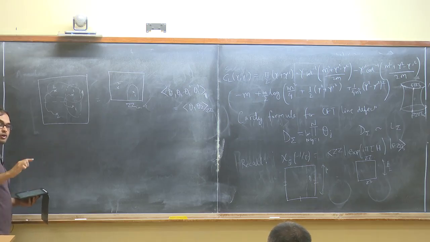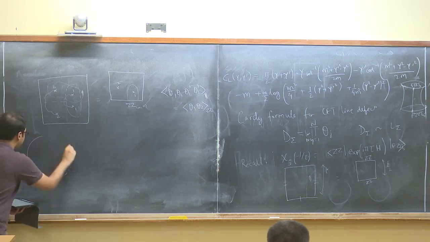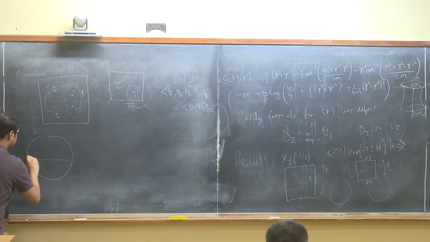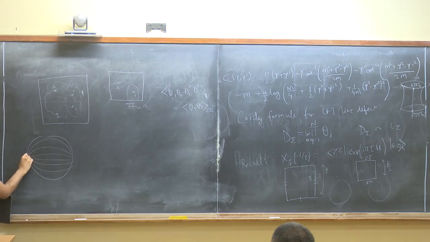In fact I have to take it in the limit where the ZZ brane is entirely localized on the boundary. In other words, if I do this slicing where all these are disks, the ZZ brane actually lives here, and I'm evaluating in the limit where this is right at the boundary.